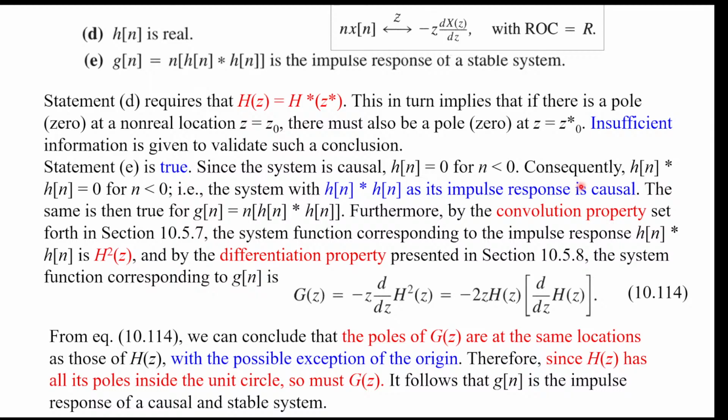The z-transform of h convolved with h is just H squared, and then we use the differentiation property. The differentiation property says that for n x[n], you need to do minus z dX(z)/dz. Here X(z) is H(z) squared, so we need d/dz of H squared, which is minus 2z times H times dH/dz.